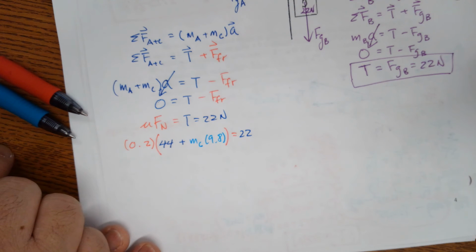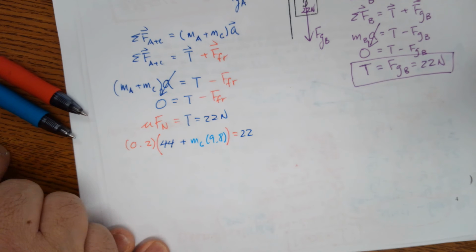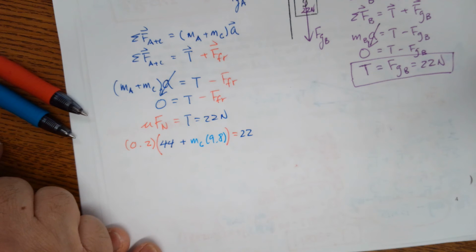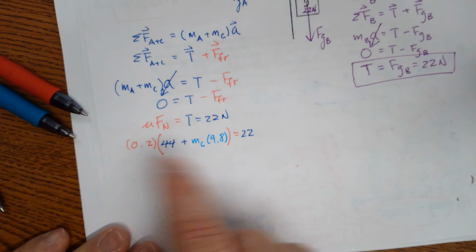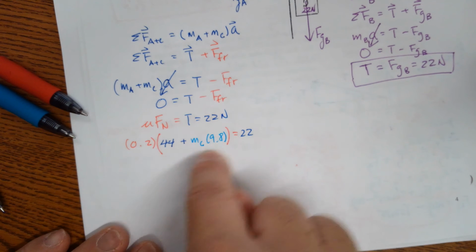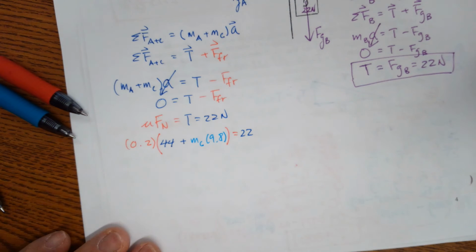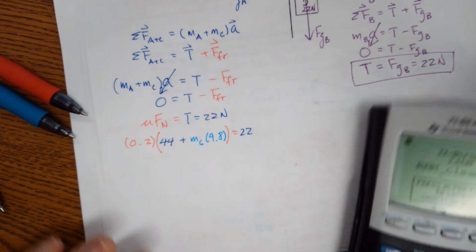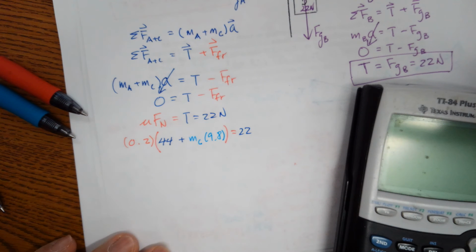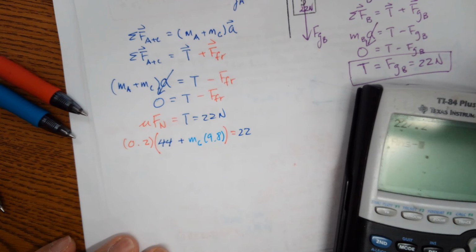So they want us to figure out the weight. What is 22 divided by 0.2 minus 44?